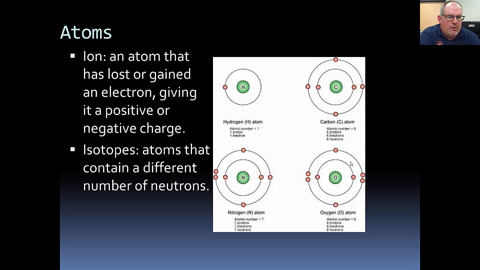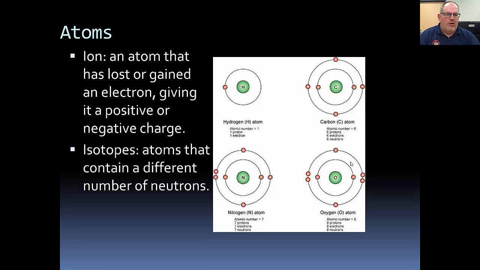Carbon only has 4 electrons in its outer shell, and it's wanting to add another 4. Oxygen has 6 electrons in its outer shell, so it's trying to add 2 more. Nitrogen likes to bind up, and it has 5, so it's got binding spots for 3 more electrons in its outer shell. So it's trying to fill up that full outer shell.